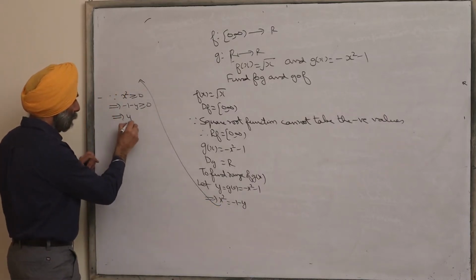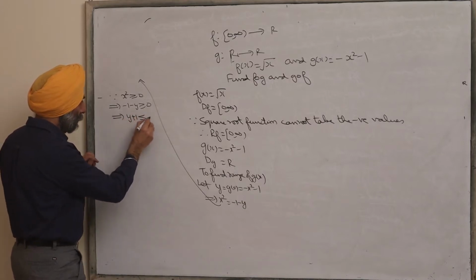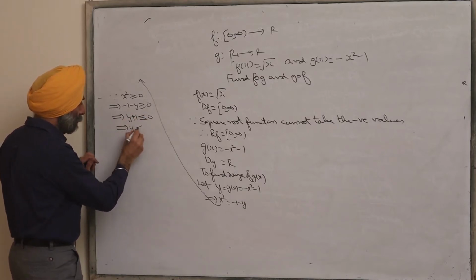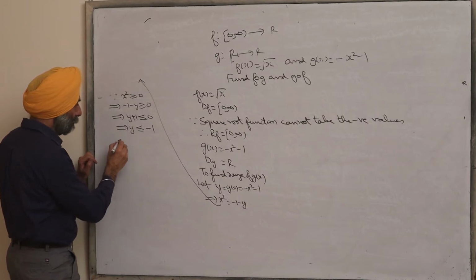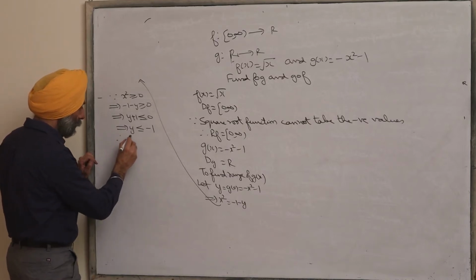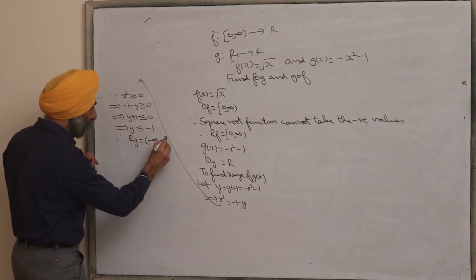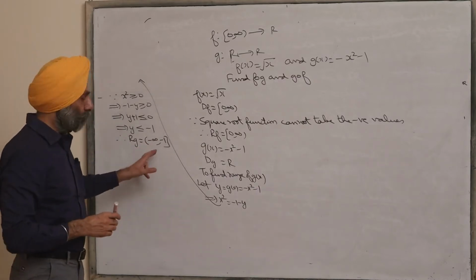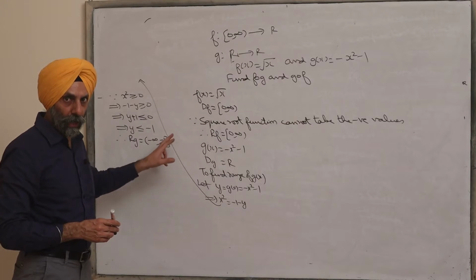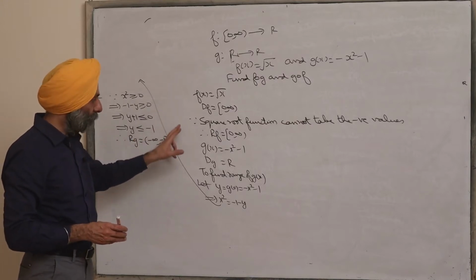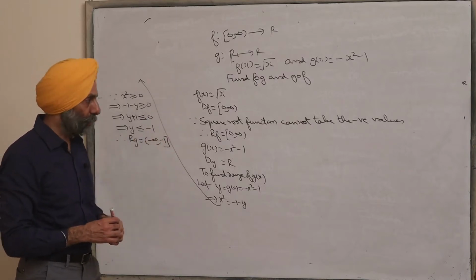This implies that y plus 1 is less than or equal to 0, so y is less than or equal to minus 1. So therefore range of g is minus infinity to minus 1. So we have the domain as well as range of f as well as g.